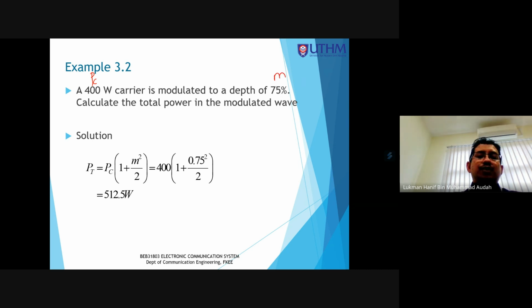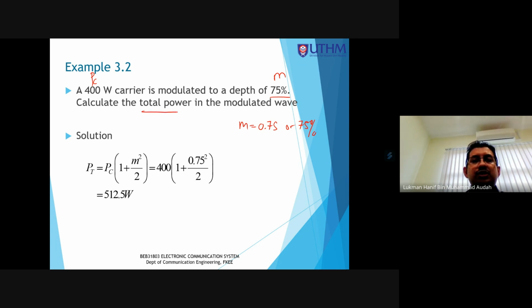Depth means modulation index, 75% or 0.75. So M is equal to 0.75. We need to find the total power.